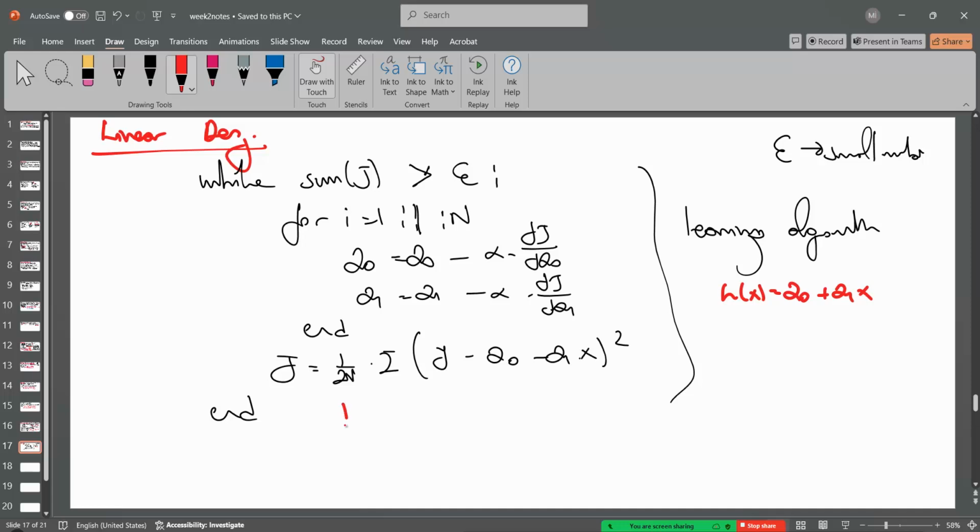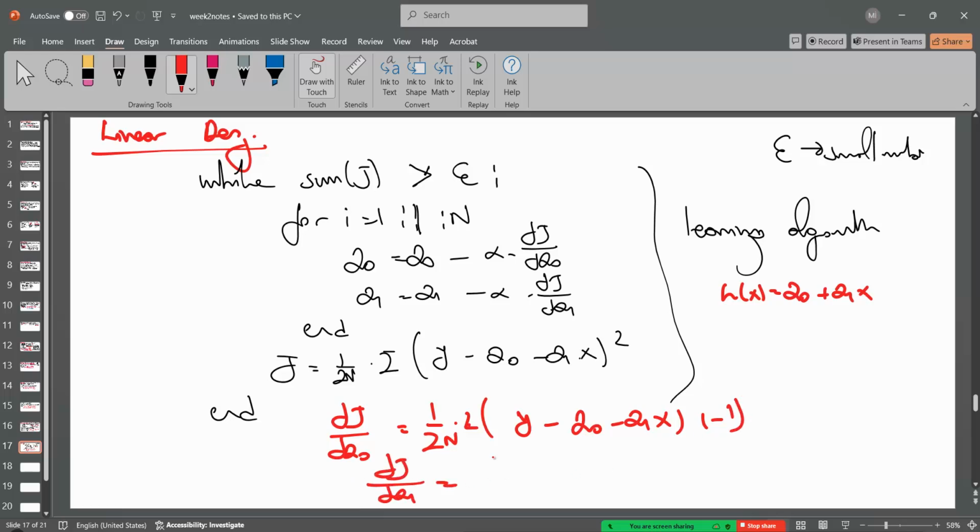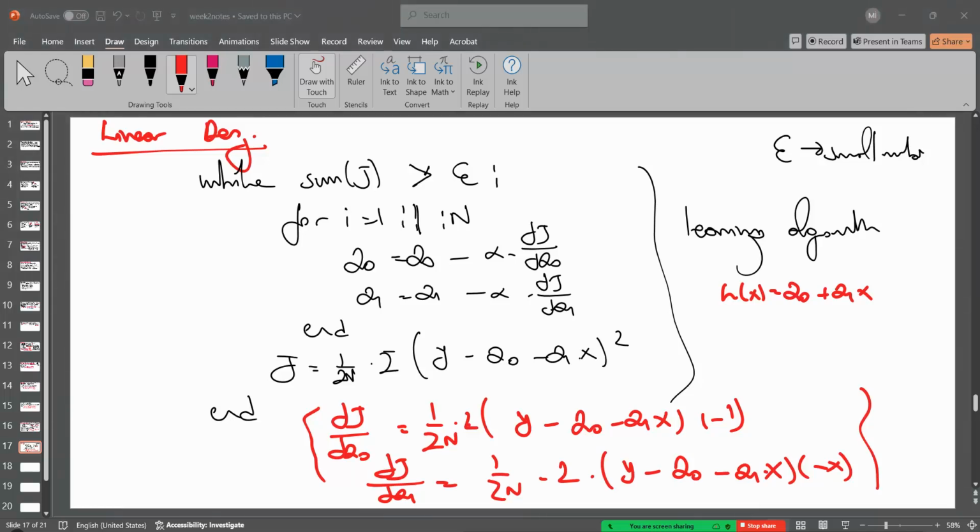And so dJ over d theta 0 is equal to 1 divided by 2n times 2, this is the derivative value, times the sum of (theta 0 plus theta 1 x minus y), and dJ over d theta 1 is equal to 1 divided by 2n times 2 times the sum of (theta 0 plus theta 1 x minus y) times x. This is our learning rule. Okay?